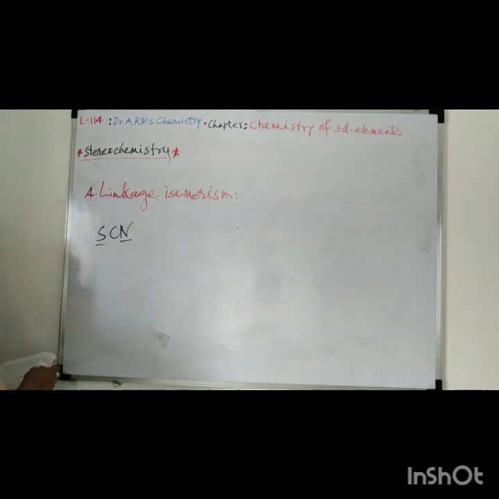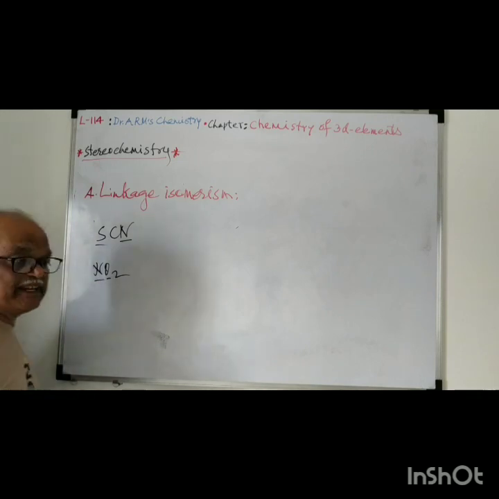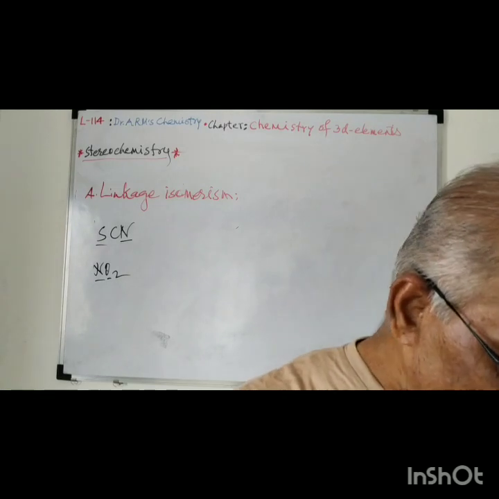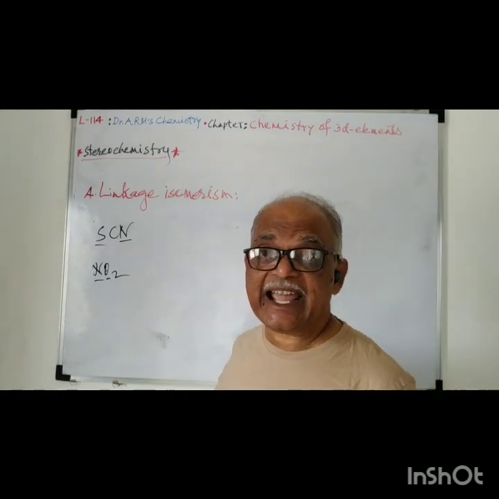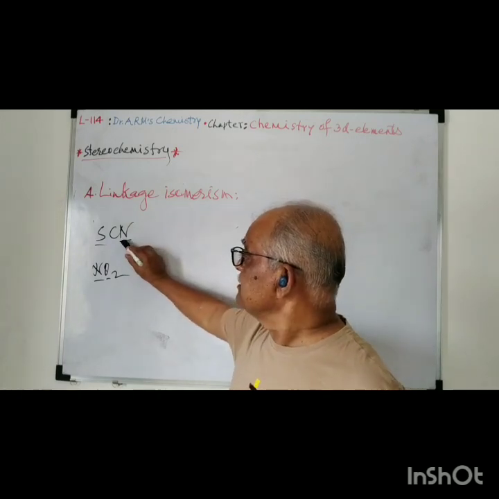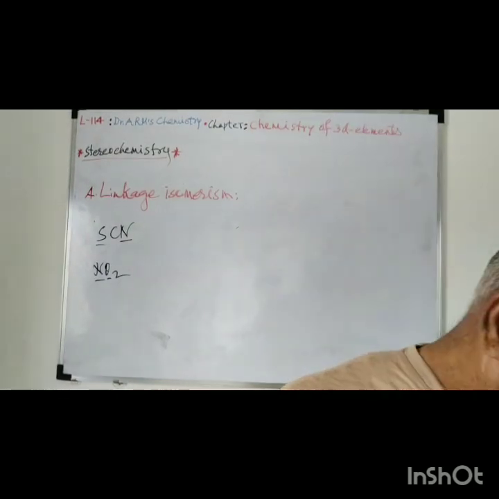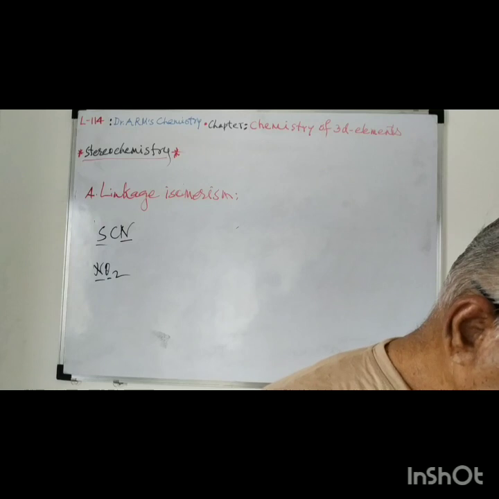Similarly, if we consider another ligand, NO2, sometimes the point of attachment is nitrogen and sometimes it is one of the oxygens. So these ligands are called ambidentate ligands. Ambidentate means there is a possibility of 2 points of attachment with which the ligands coordinate with the metal ion.